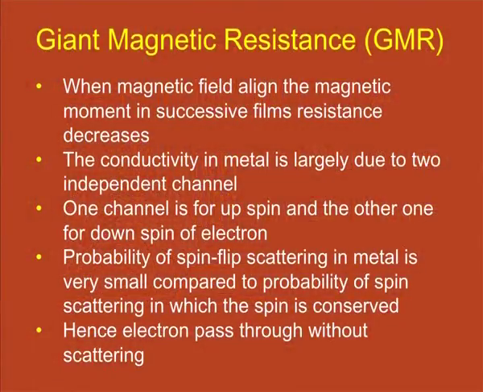In that way these devices are better than normal electrical devices, because they do not dissipate any heat. And this giant magnetic resistance can be used for recording devices, where we want to record some amount of information for our future application.